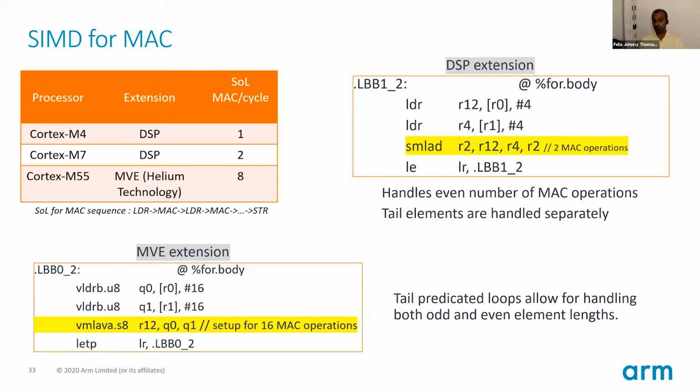Additionally, you have something called tail predicated loops, which handle both even and odd elements in the same loop. It is still inefficient to have odd number of MAC operations which do not fit into the maximum number of MAC operations that your processor can do. But at least from a coding point of view, it looks cleaner.